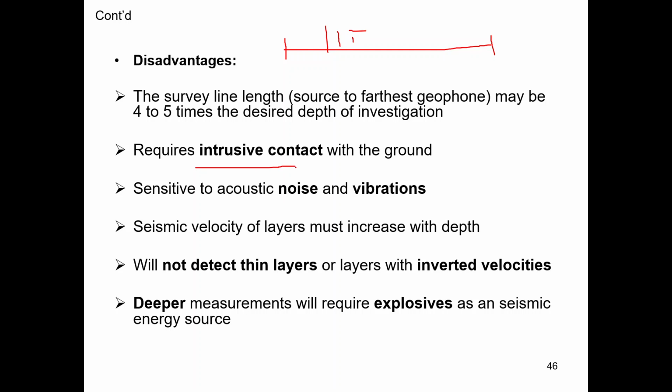It requires intrusive contact, meaning we have to install the geophones into the ground, and it is sensitive to noise or vibration. If you do this testing near a highway or road, we have a problem; you have to stop the traffic.